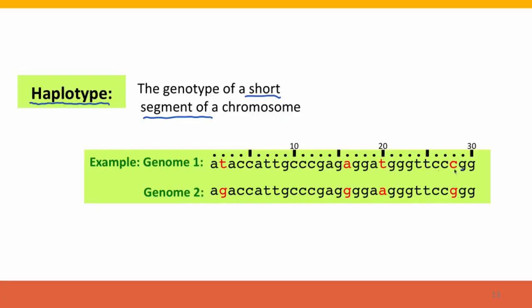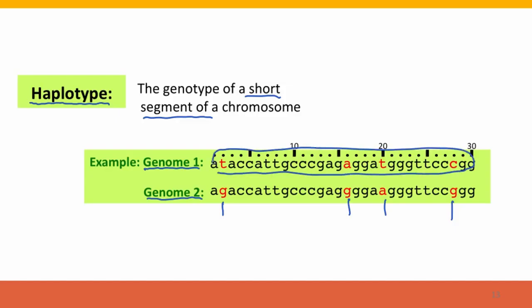So here we're showing the sequences of a little bit of the chromosome of the genomes of two different individuals. And we see that there are 4 different places where they have different bases in their DNA. We would describe this collection of variation, this segment of variation, as a haplotype.